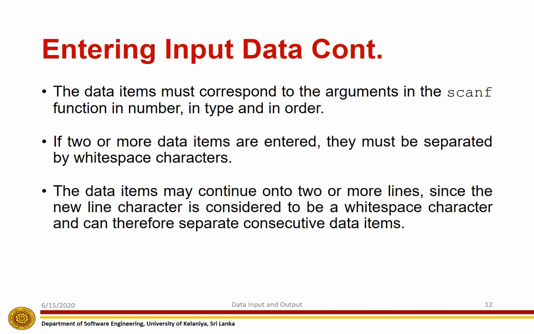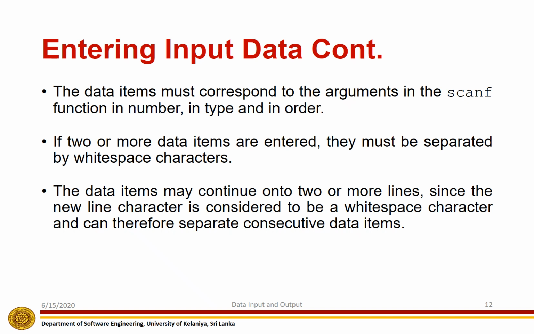The actual data items are numeric values, single characters or strings, or some combination thereof. They are entered from a standard input device like a keyboard. So the data items must correspond to the arguments in the scanf function in number, in type and in order.